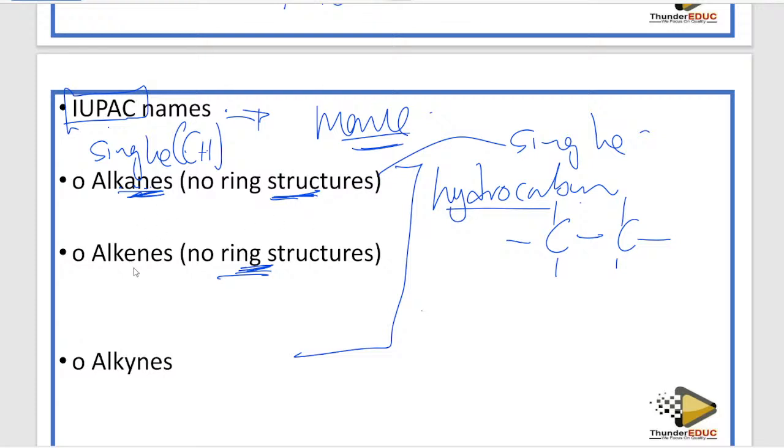What about an alkene? We will see these molecules in detail. This is just a simple introduction. Today's lesson is just a simple introduction, so that when we go to other subtopics, we'll be able to understand, and I'll be able to refer back that I said this in this lesson. All right. Alkene, in other words, means double bond, a double bond between carbon atoms.